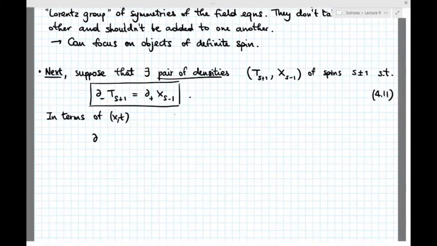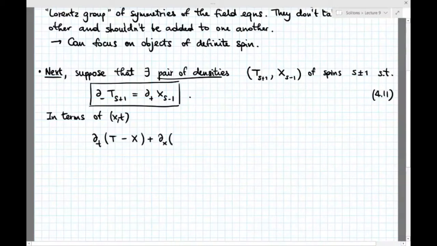We can rewrite equation 4.11 as partial derivative with respect to t of T_{s+1} minus X_{s-1}, plus partial derivative with respect to x of minus T_{s+1} minus X_{s-1}, equal to 0.